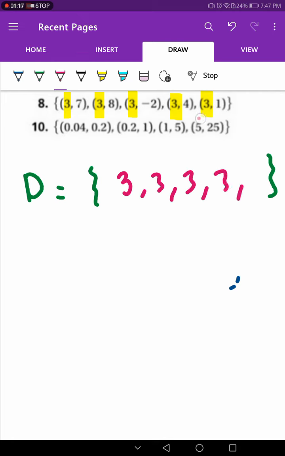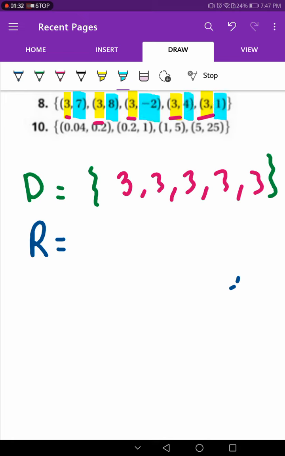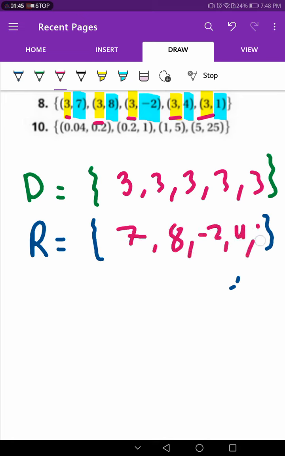It's 5 times. Yes, 1 2 3 4 5. Okay, and the range is the y-axis or the y coordinate. So we write it like this also. It is 7, 8, -2, 4 and 1.